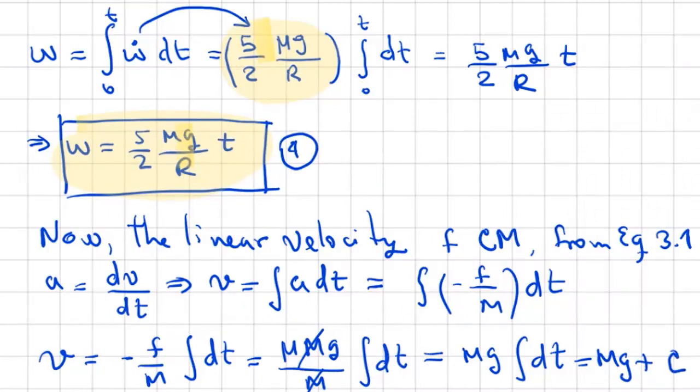We don't have limits here because the ball starts with a velocity, and we want to calculate that velocity. At t equals 0, the ball gets a velocity v0. Let's call this constant c v0 for convenience, because remember that the constant gives you the initial conditions of the problem.